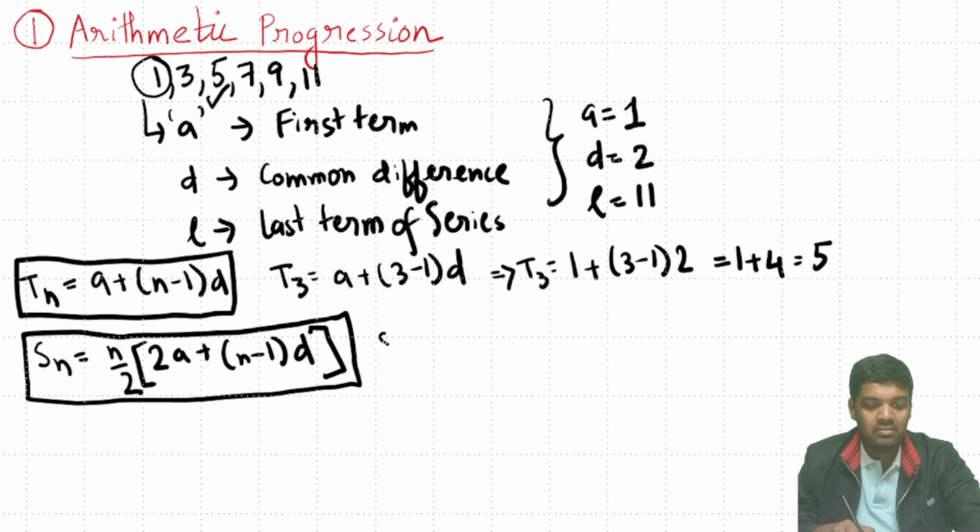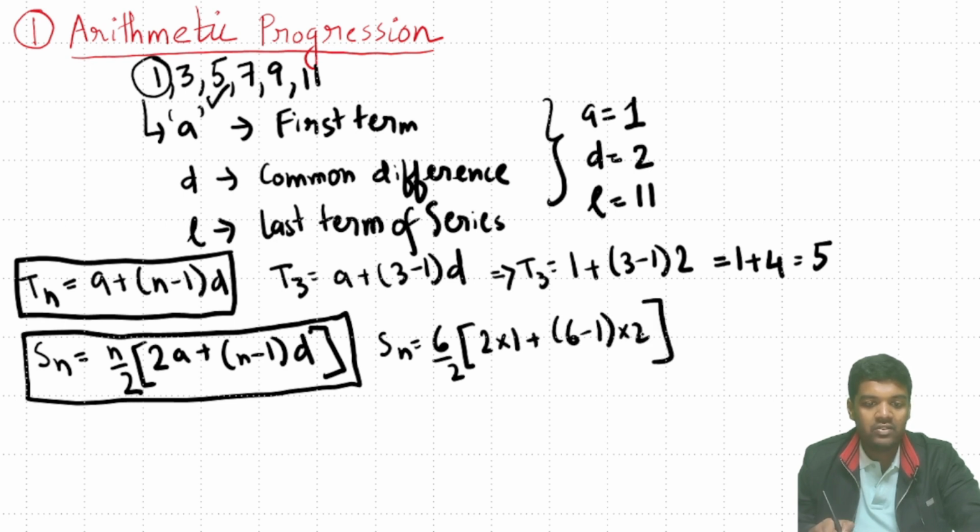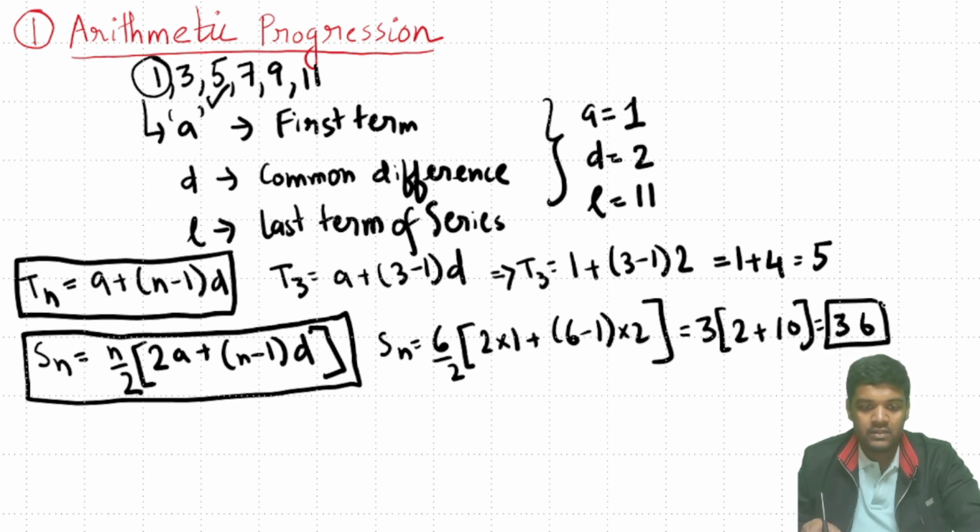Sum equals 6 by 2 into 2 into 1 plus 6 minus 1 into 2. We have taken n equals 6 since there are 6 terms in the AP. This equals 3 into 2 plus 10, that is, 3 into 12, which equals 36. Right.